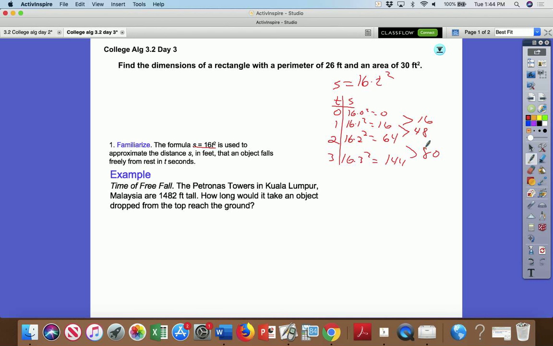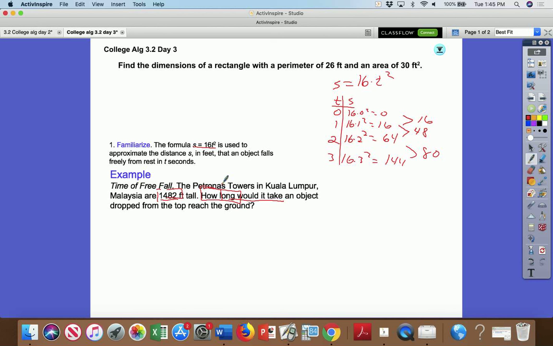Okay, so the question is, if something is dropped from this height and it hits the ground, first off, how far did it fall? 1,482 feet. So we're looking for what variable? Feet. Or are we looking for time?